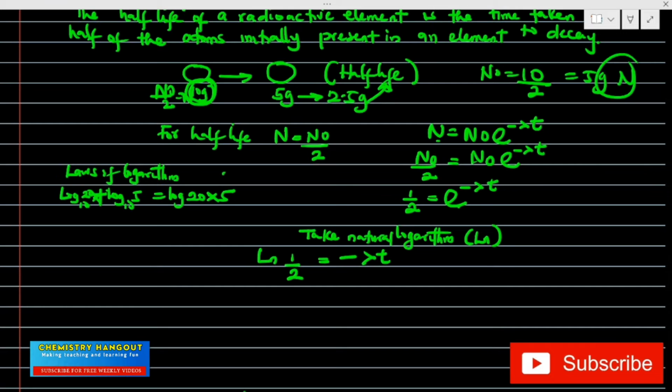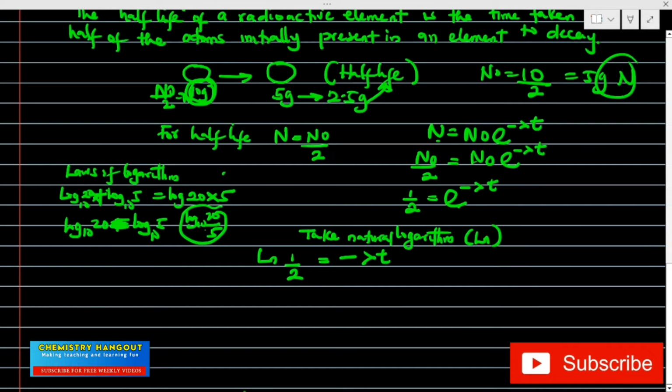And if I have log 20 minus log 5, it's still the same thing as saying log of 20 divided by 5. So if it is in the subtraction form, I can change it to division. If you look at ln 1/2, it is in the division form, so I can change it back to subtraction and expand this now.